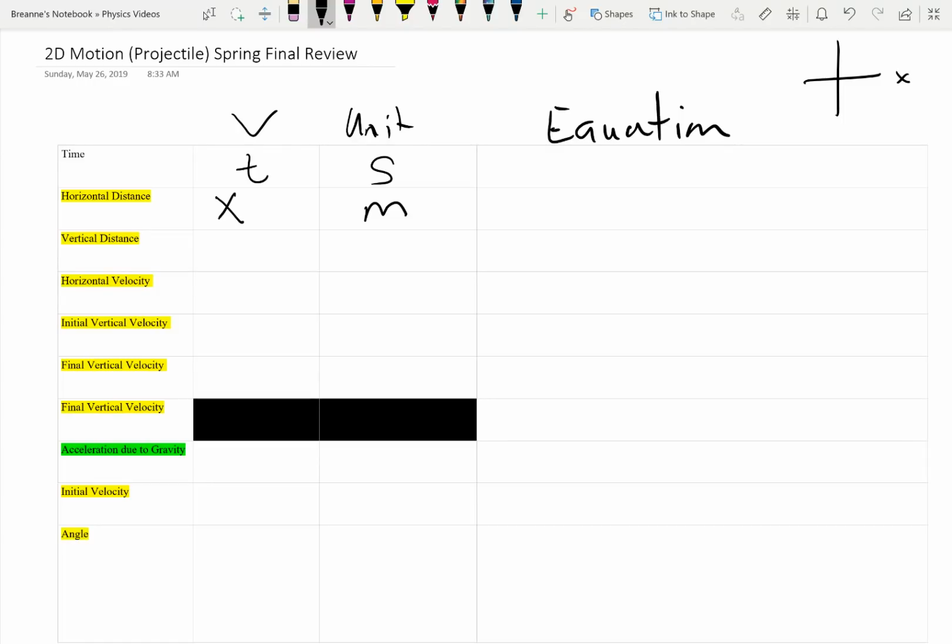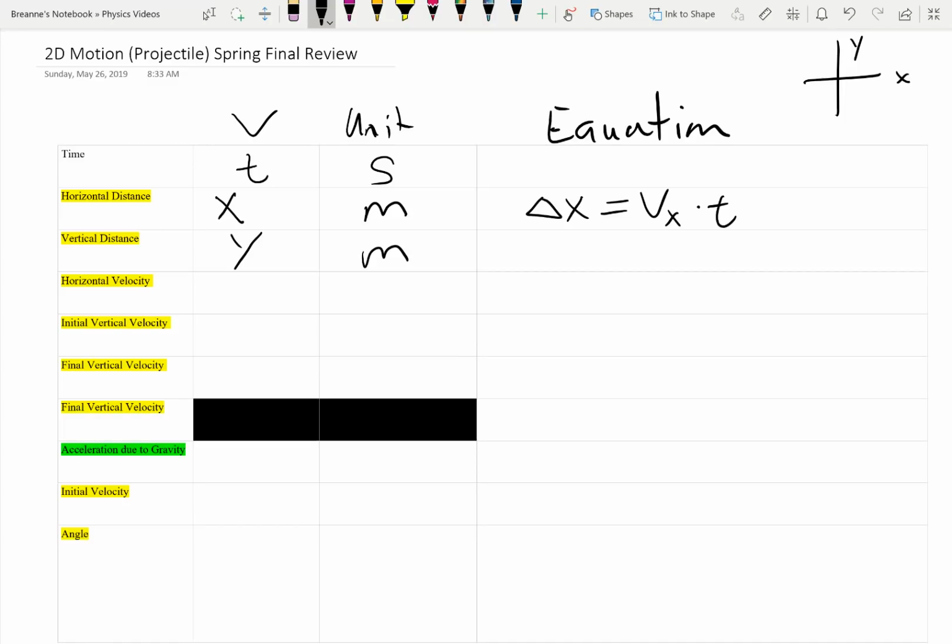It does have its very own equation. Your change in horizontal distance, which is another way of saying displacement, equals your velocity in the x times your time. Vertical distance, which is your y, think about your y-axis, is measured in meters.